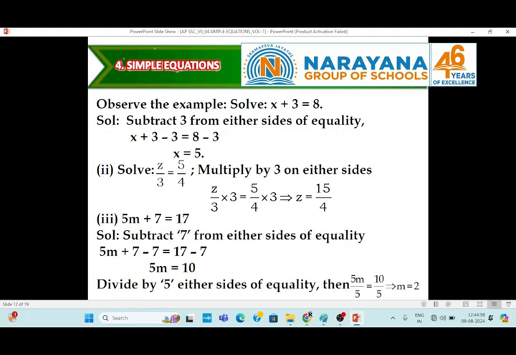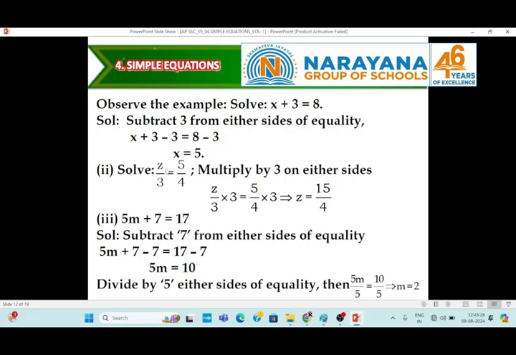So 3 is added to x in LHS, so we have to subtract. Therefore, subtract 3 from either side of the equality, then it still holds. So x plus 3 is LHS minus 3 and 8 is RHS minus 3. So plus 3 minus 3 getting cancelled. x is equal to 8 minus 3, 5.